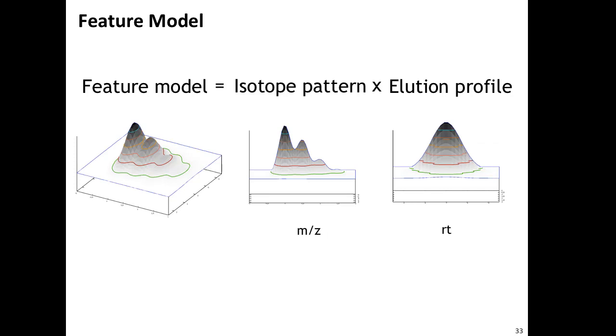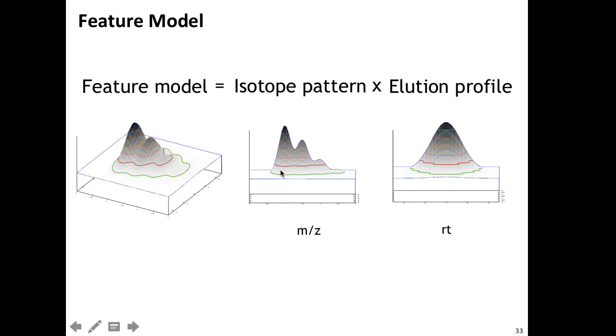So many feature finding algorithms start by assuming that we have some knowledge about how this pattern comes about. When you think about this two-dimensional model, then fundamentally it's just a convolution of two models. We have the isotope pattern that describes what the feature looks like in m/z.